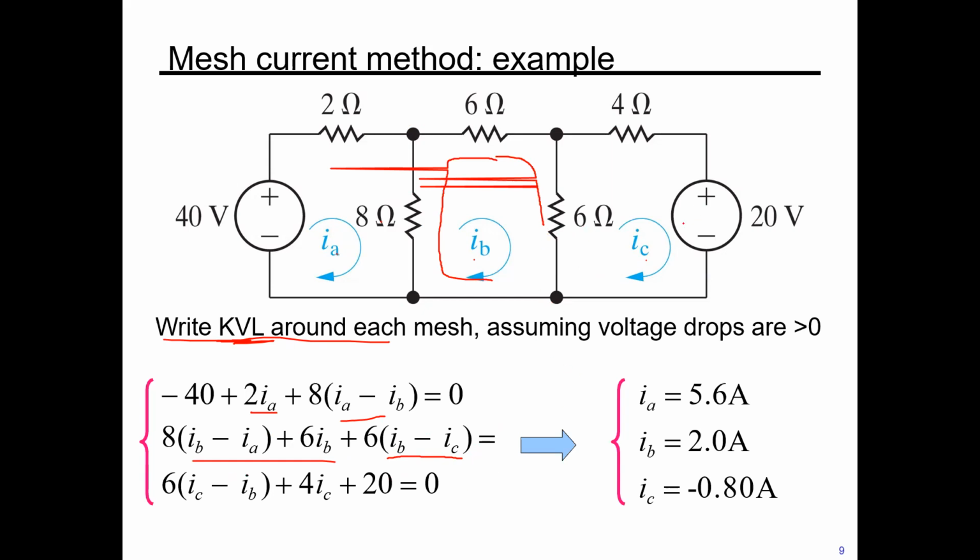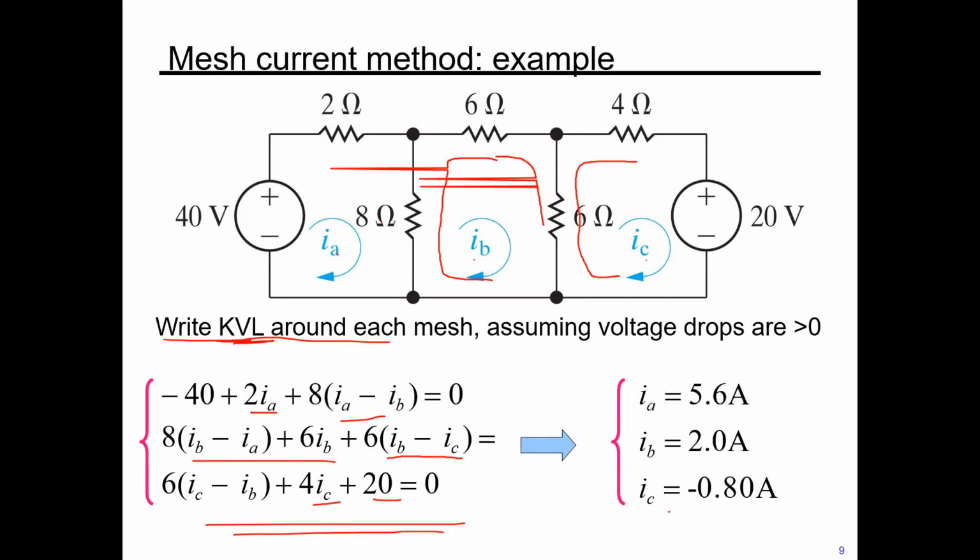And the last one is then (IC minus IB) times 6, and then IC times 4, which is this one, and then plus 20 equal to 0. So these are the equations.